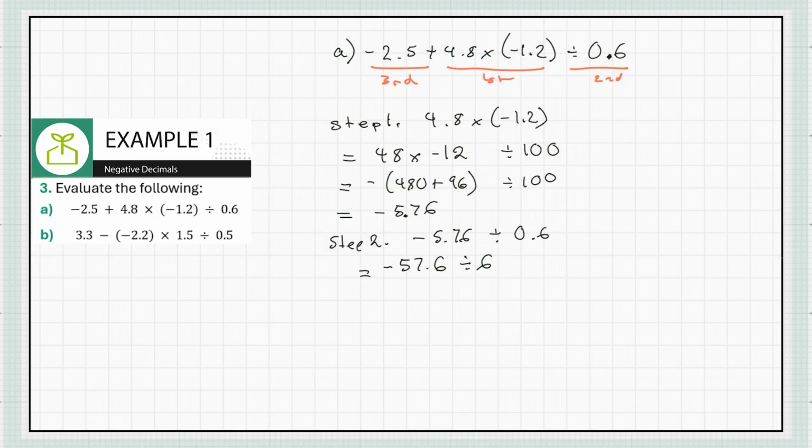And the end result here is we bring 6 out the front, we have 57.6 here. That goes into 57, let's say it goes in there 9 times. And then we are left with a remainder of 3, and then 6 goes into 36 6 times. Because this is negative, our answer will be negative, so it's minus 9.6.